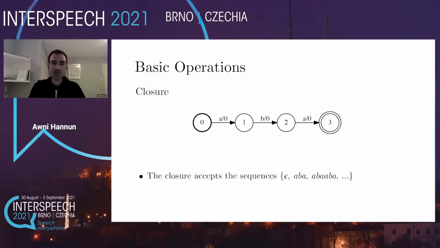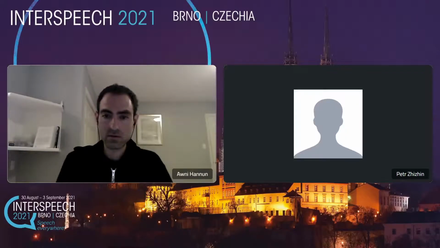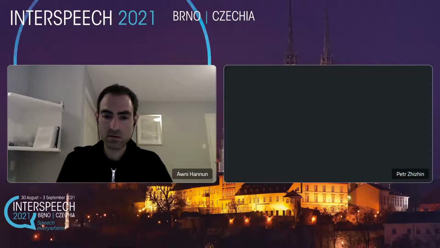Okay, so we'll cover 3 basic operations with transducers. Oh, there seems to be a question. Hi, Peter, do you have a question? Oh, unfortunately not. We're still broken. Your audio is still broken. Maybe you can ask the question in chat.